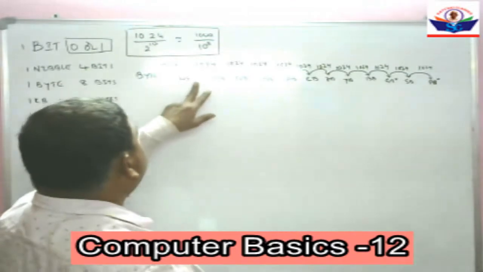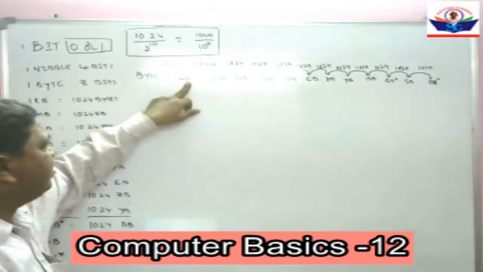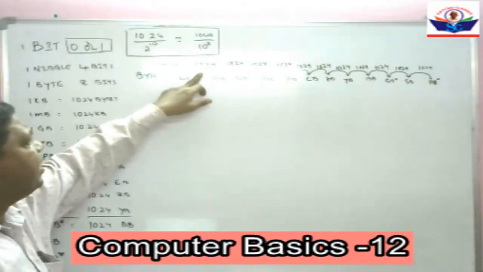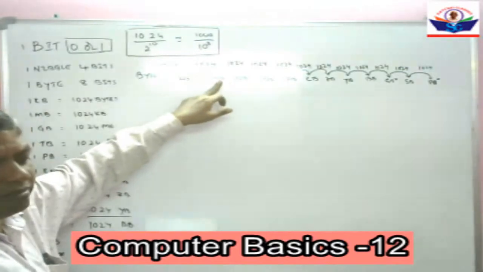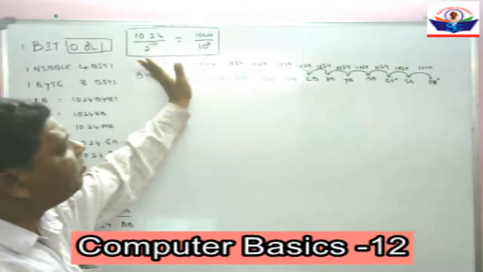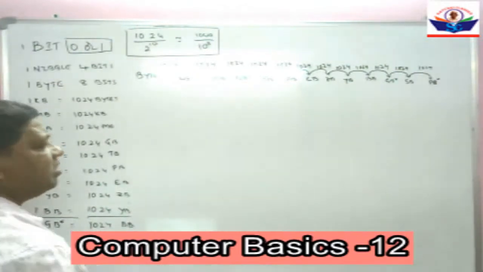That means if we want to multiply bytes with 1024, we will get KB. If we multiply 1024 with KB, we will get megabytes. Like this, if we multiply by 1024, we convert it to the next level.